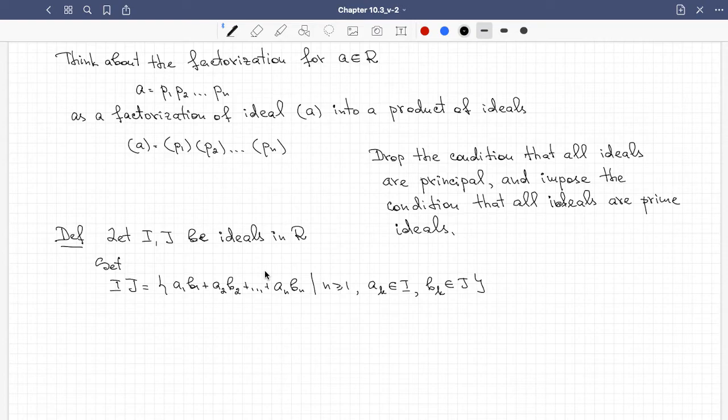One has to check, and this is easy, that IJ defined this way is an ideal. So if I and J are ideals, then so is IJ.